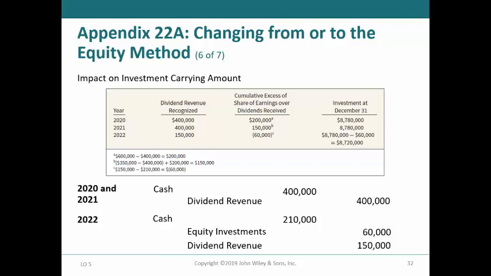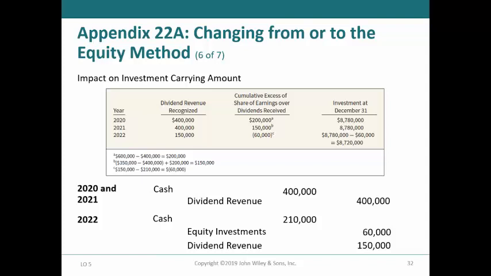In the next year, the investor's share of the investee's net income was $350,000, and dividends received were $400,000 again. The excess of $50,000 was subtracted from the cumulative excess of earnings over dividends of $200,000, and all of the dividends were credited to dividend revenue.